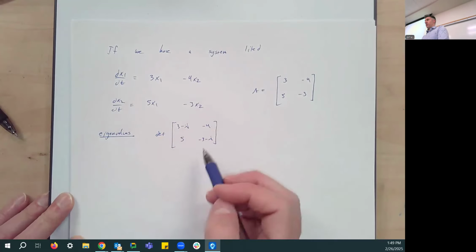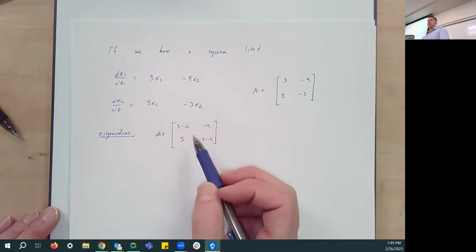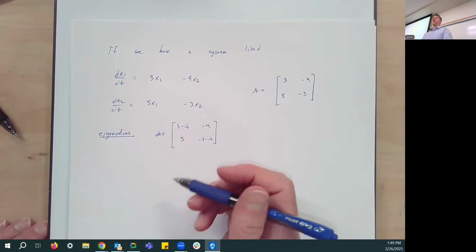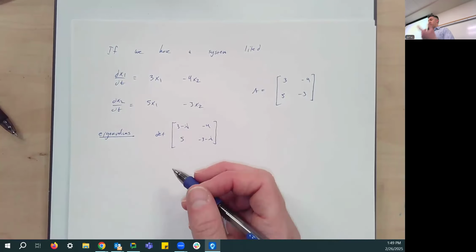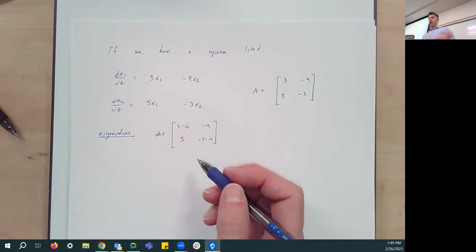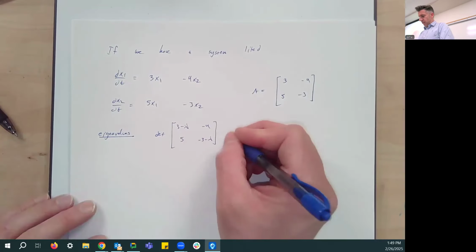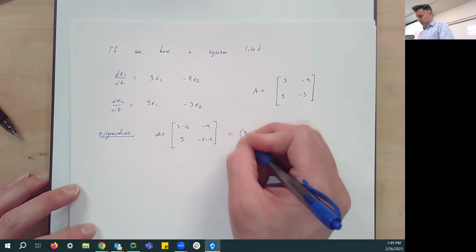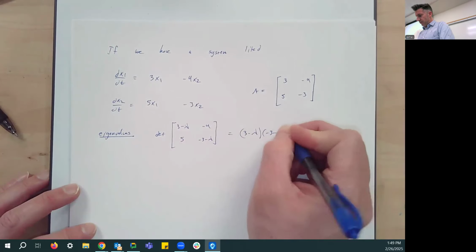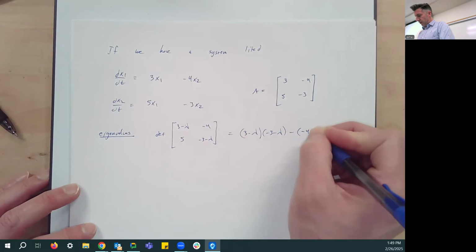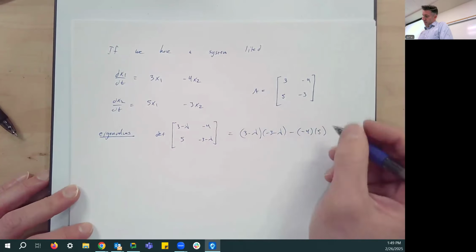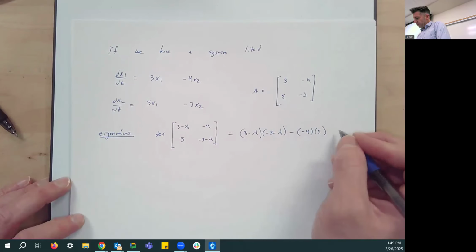If you're going to find the determinant this way, you don't need to write down a minus lambda I. You should just subtract lambda from each of your diagonal spots. That's going to be 3 minus lambda times -3 minus lambda minus -4 times 5. These numbers are not going to come out as nice as I wanted them to, such is life.